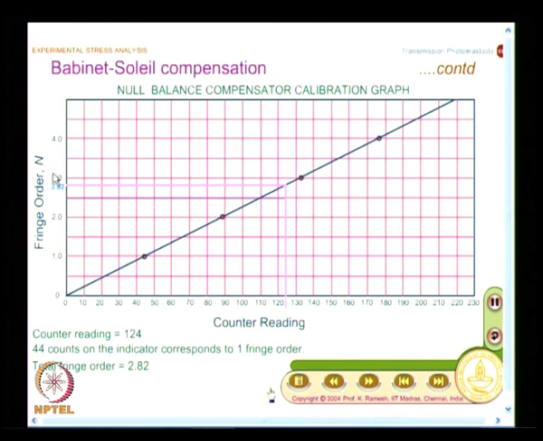So, it is easier for you to do this, and you have this as 2.82. This is supplied by the manufacturer. He gives you 44 counts on the indicator corresponding to one fringe order. This is for the particular piece that is supplied, so it may vary from batch to batch or piece to piece, and this will be supplied by the manufacturer.